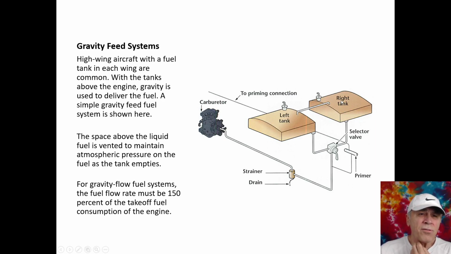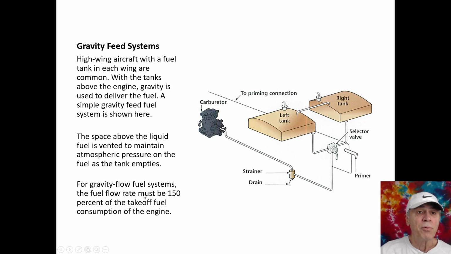For gravity flow systems, the fuel flow rate must be 150% of the takeoff fuel consumption of the engine. So if the carburetor requires 10 units of fluid per second, this system has to be enough to provide even 15 units per second.